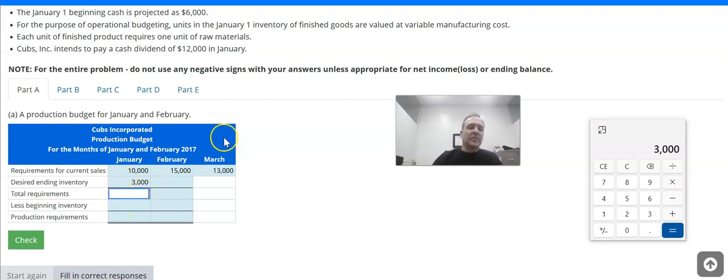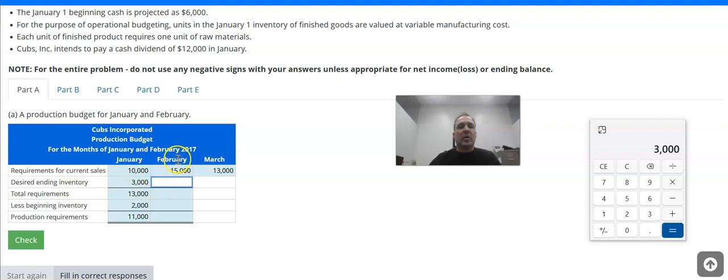And then we just add these two figures together, 13,000, less beginning inventory. We're looking at January, but back in the month of December, they would have accounted for 20% of this 10,000 here. So 20% of 10,000 is 2,000. We subtract that out, and they tell us to do that. Less beginning inventory of 2,000 is going to give us 11,000. Okay.